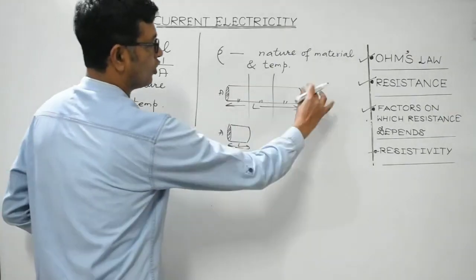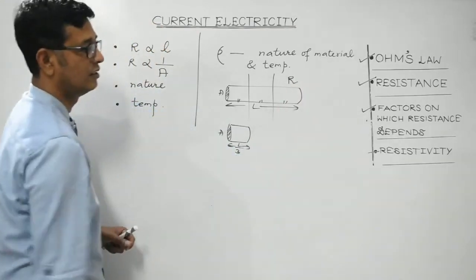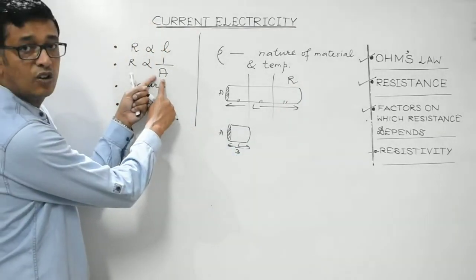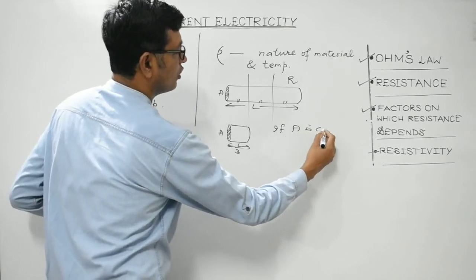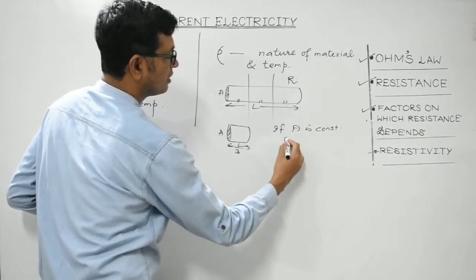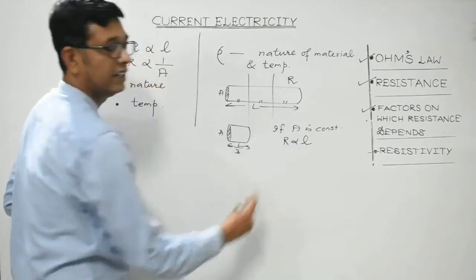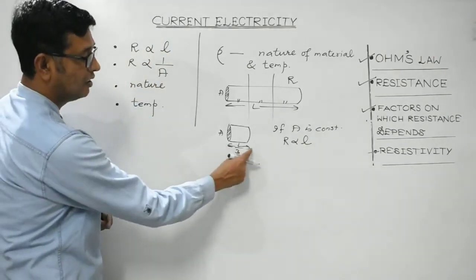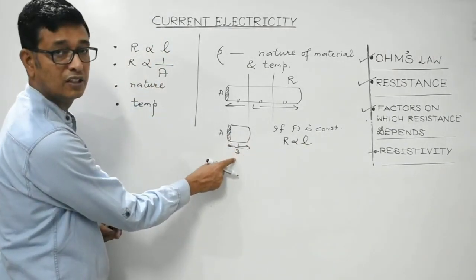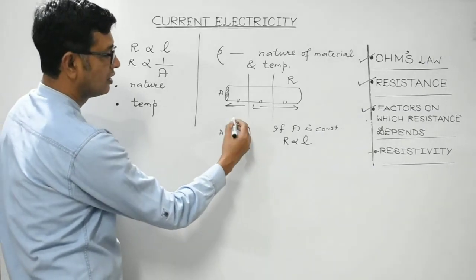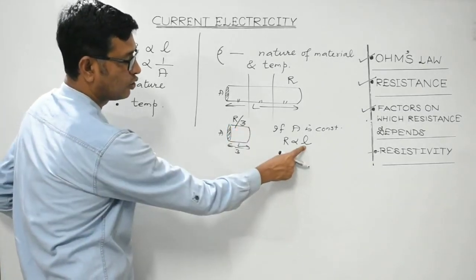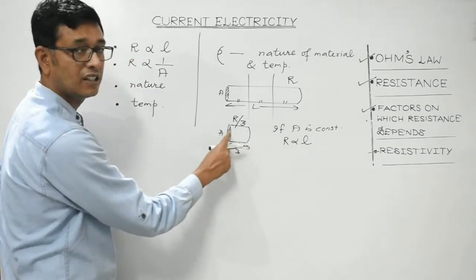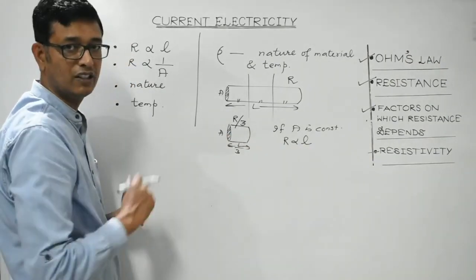Suppose the resistance of the original conductor is capital R. So area remaining constant, if A is constant, then resistance is directly proportional to length, isn't it? So here length of each section becomes 1/3 of the original length. So its new resistance would be R by 3. So if the length decreases to 1/3, the resistance offered by the conductor will also decrease to 1/3.